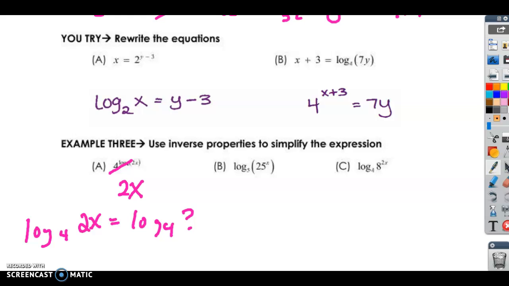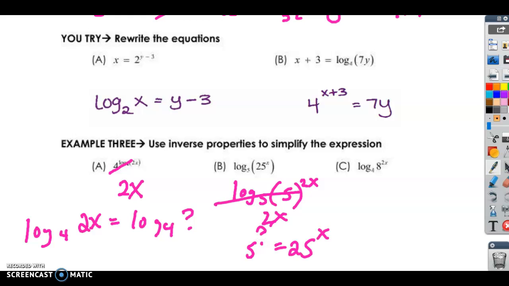All right, so now we've got a logarithmic function. I'm going to need to rewrite this as 25 is going to be 5 squared, and there's still an x there. Because those end up canceling and you end up with 2x left. So really what this is saying is 5 to the what power equals 25 to the x power.